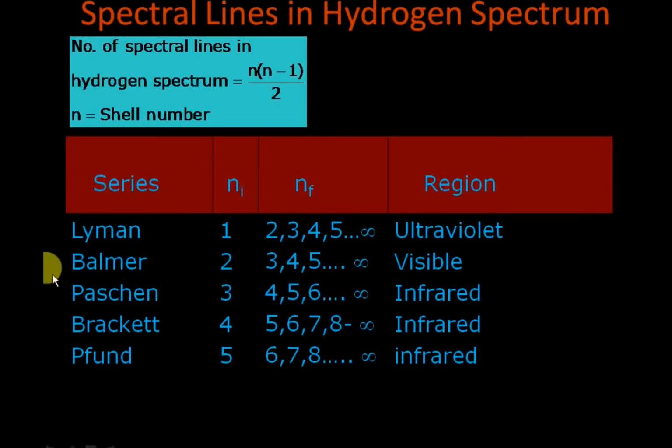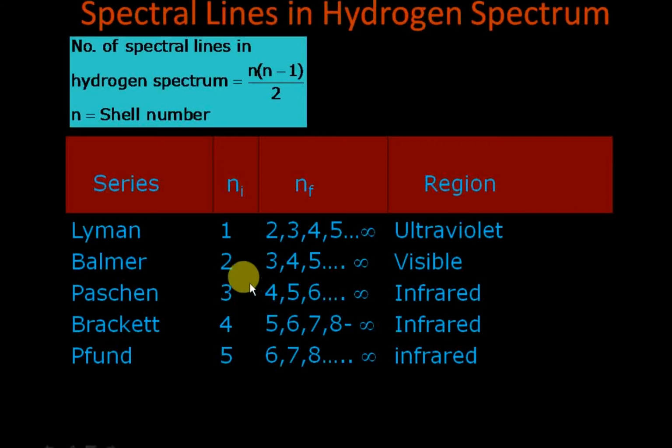For these series, the lower energy levels on which the transition of electron is taking place are 1, 2, 3, 4, 5 respectively, and the higher energy levels for Lyman series are 2, 3, 4, 5 up to infinity, and that series falls inside the ultraviolet region.